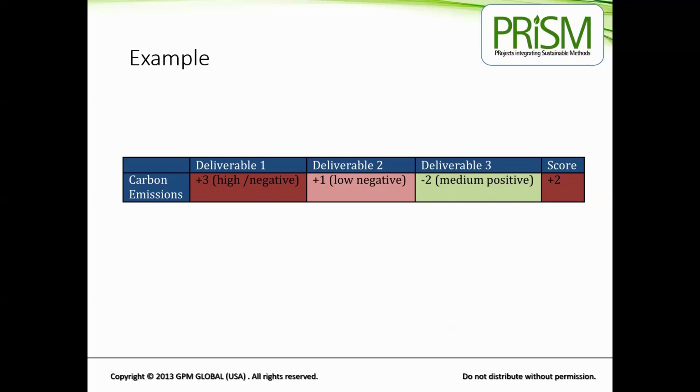For example, if you have deliverable 1 to measure the carbon emission, and deliverable 2 that also measures the carbon emission, and deliverable 3, you will then see which one has the most negative impact in terms of scores and the highest impact when it comes to its productivity. So you can have this scoring system to indicate the quality of your project management.